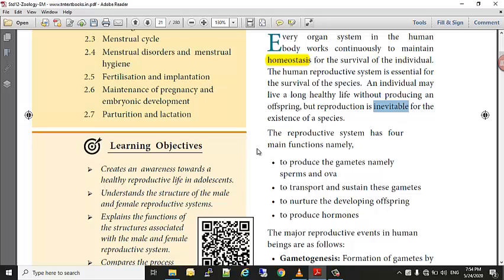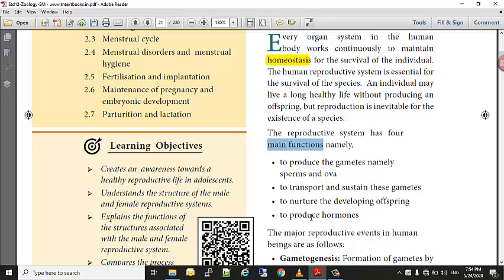The reproductive system has 4 main functions, and this can be asked as a 2-mark question. What is the main function? What does the reproductive system give us? First, to produce the gametes, namely sperms and ova; to transport and sustain these gametes; to nurture the developing offspring; and to produce hormones.